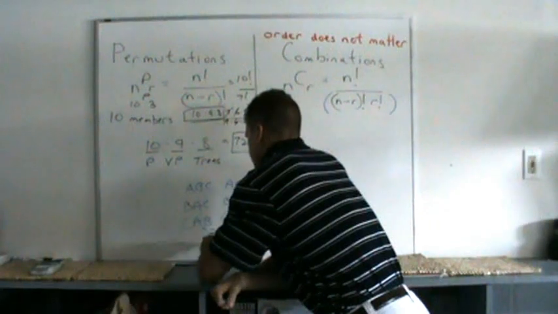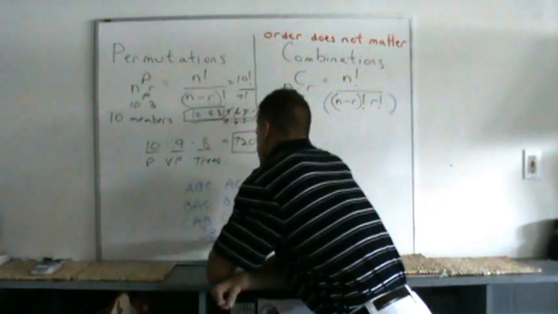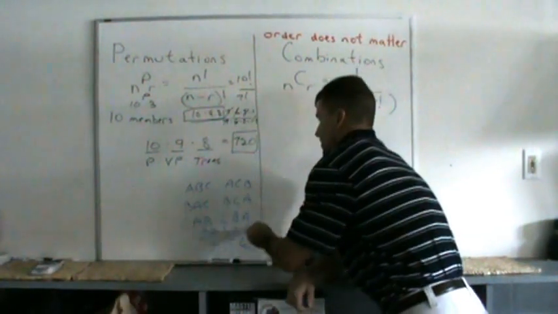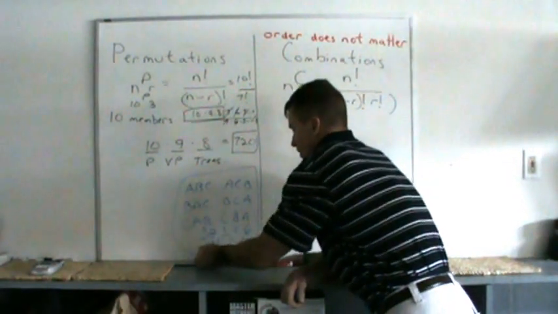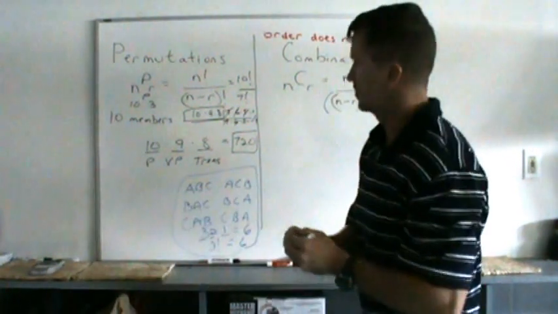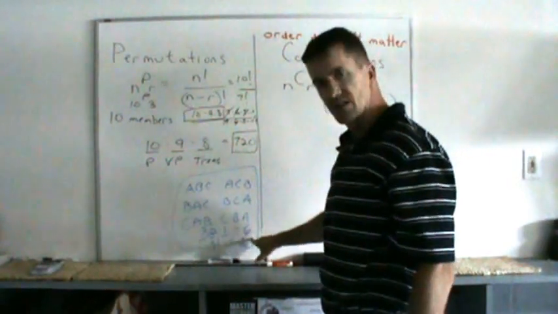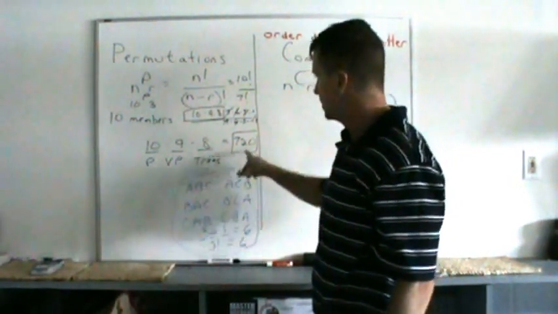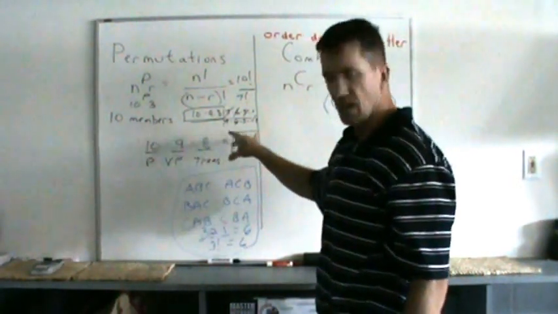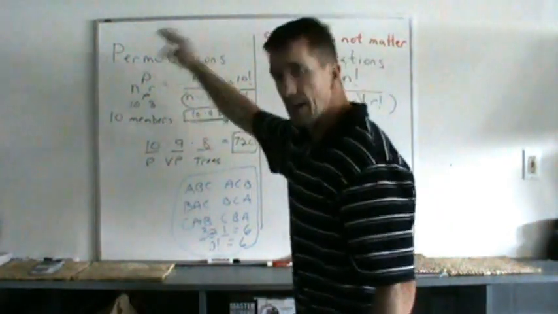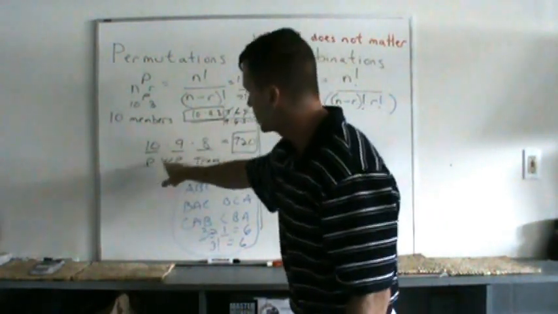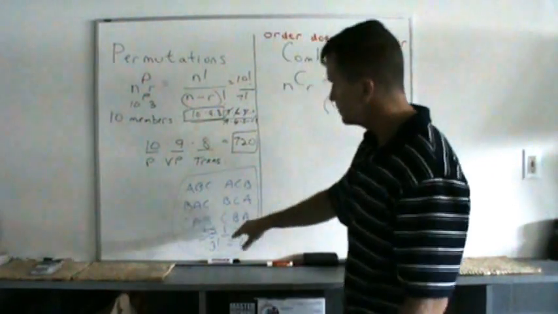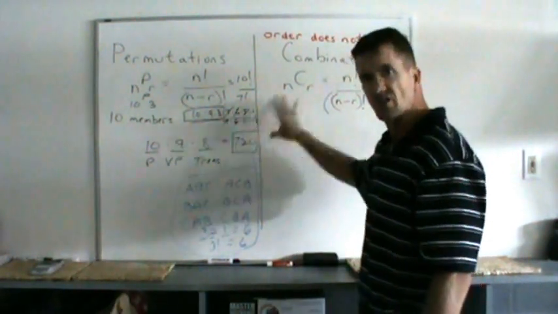Or that's 3 factorial, which is 6. So I just wanted to let you view what if you had just 3 members from that 10 members. Well, that accounted for 6 different ways from that 720 ways. So there's a lot of different ways, from 10 members, you can elect a president, a vice president, a treasurer. I did this so you can understand a combination.